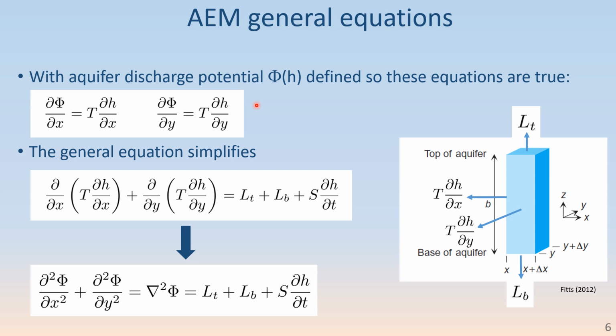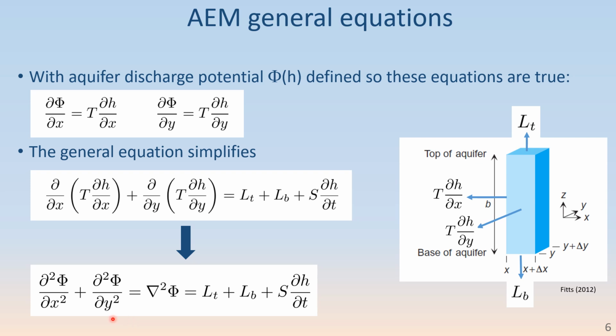And that's been successfully defined for confined domains, unconfined domains, and a variety of other kinds of domains that we'll get into in a bit. But when you have this definition that applies between the discharge potential and head, you can substitute that into our general equation here, and the resulting general equation now can be written just in terms of the aquifer discharge potential phi.